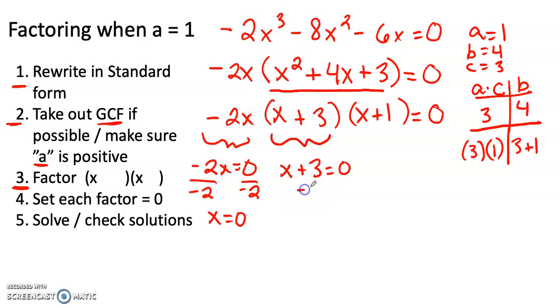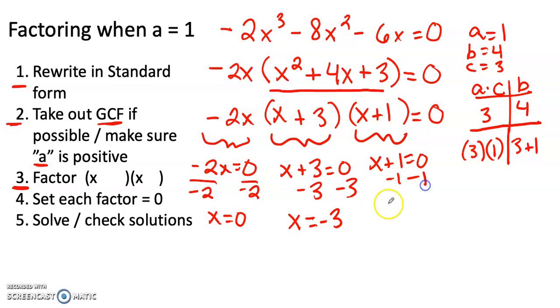When I solve for this, I subtract 3 on both sides. X equals negative 3 is a possible solution. X plus 1 equaling 0, subtract 1 on both sides gives me x equals negative 1, which is a possible solution.